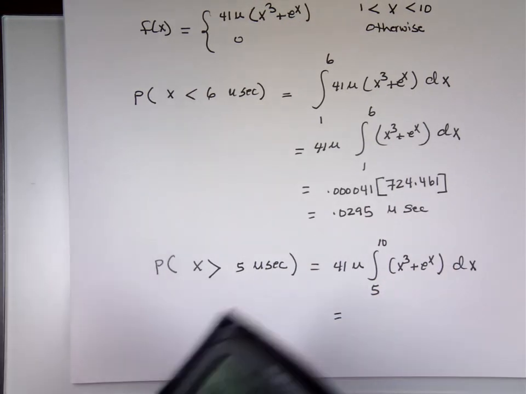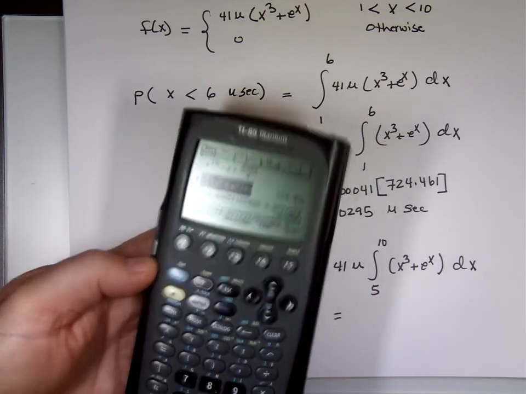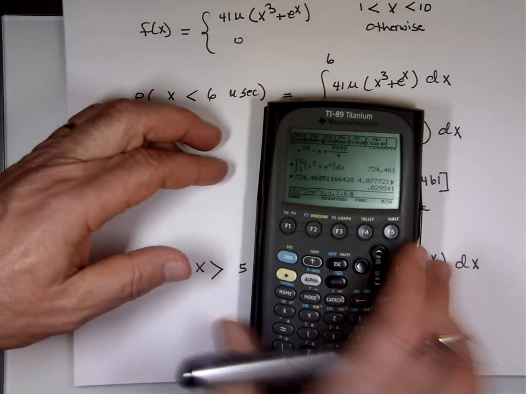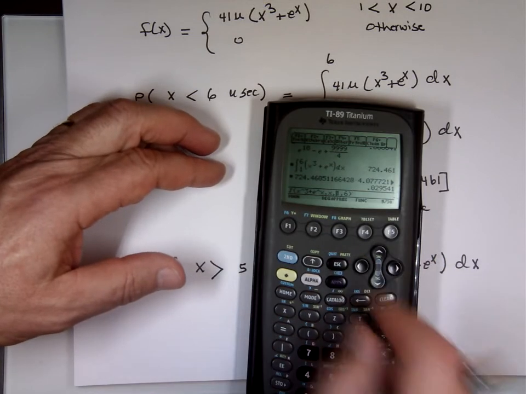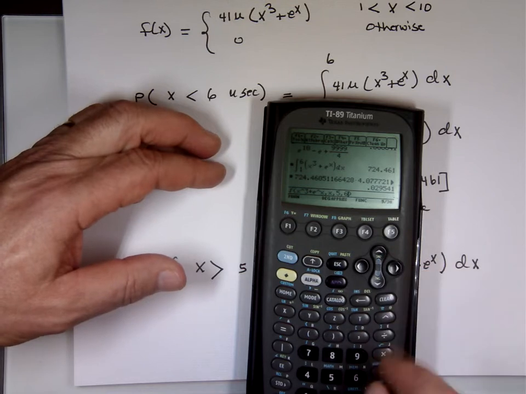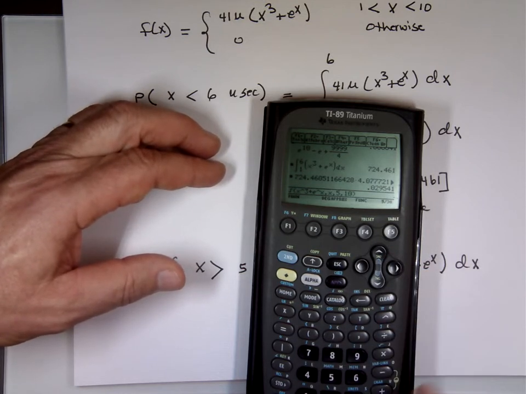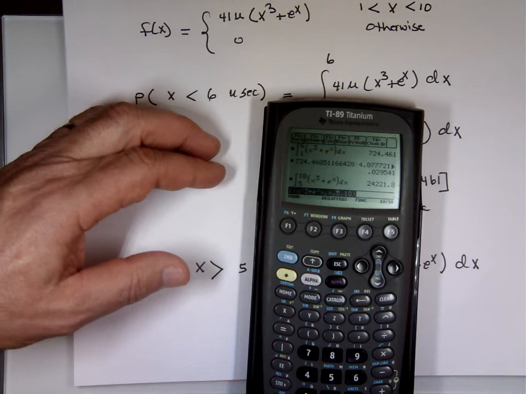I can even do it better this way. I just go to the one I just did here, hit enter, and change my limits. That's 5, and the other one is 10.